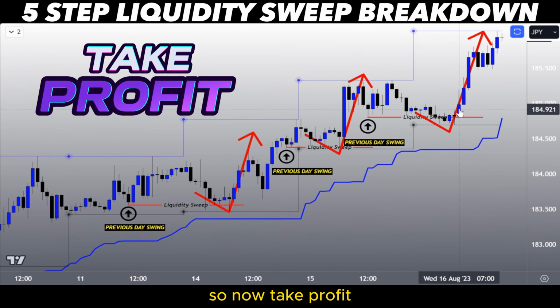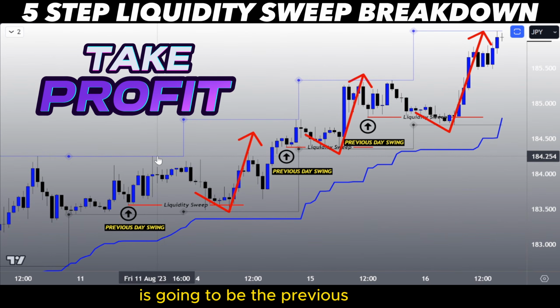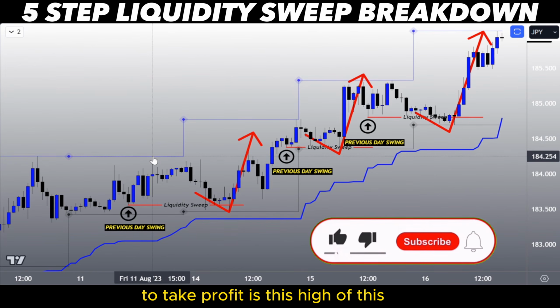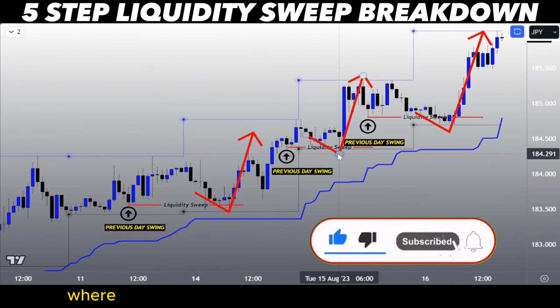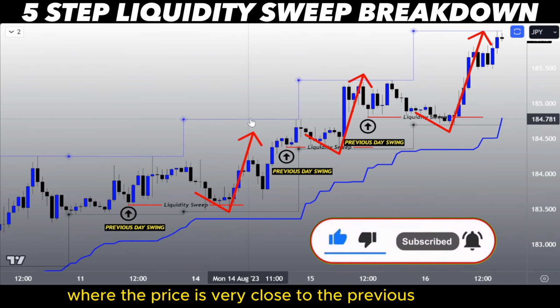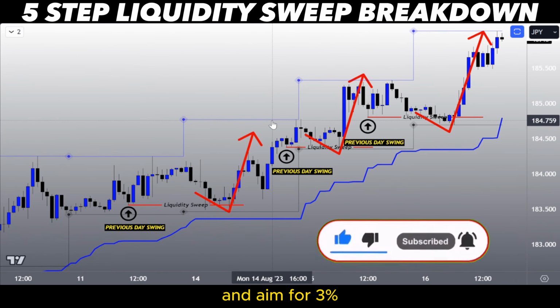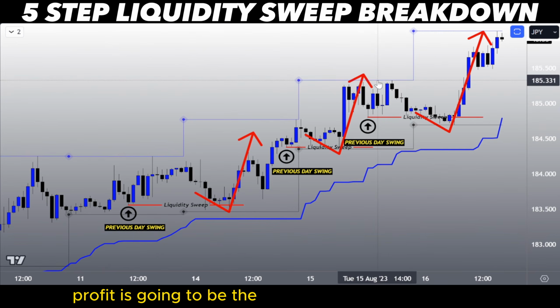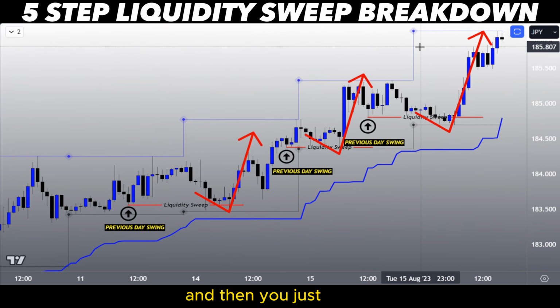So now take profit. Your first take profit is going to be the previous day high. So right here, the take profit is the high of this day. If you were in an area where the price is very close to the previous day high, then aim for 3%. And around this section, the first take profit is going to be the previous day high over here, and then you just hold it in order to maximize your profit.